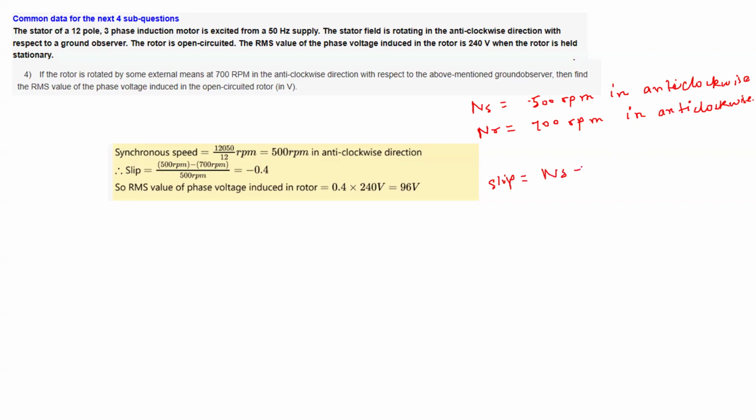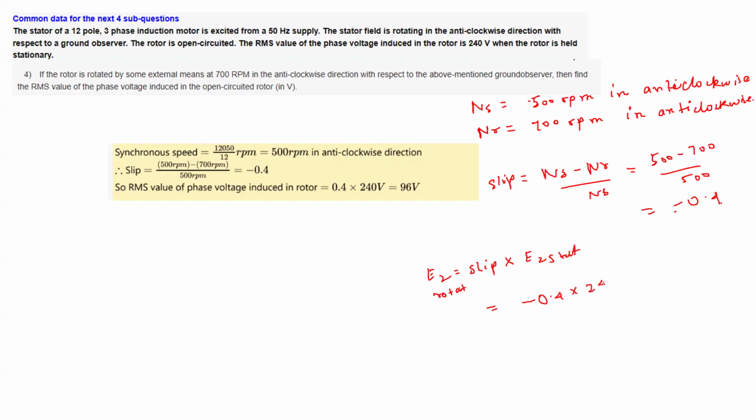Slip is Ns minus Nr by Ns, so this will be 500 minus 700 by 500, which is minus 0.4. So E2 rotating is slip times E2 stationary, which is minus 0.4 into 240, minus 96 volt.